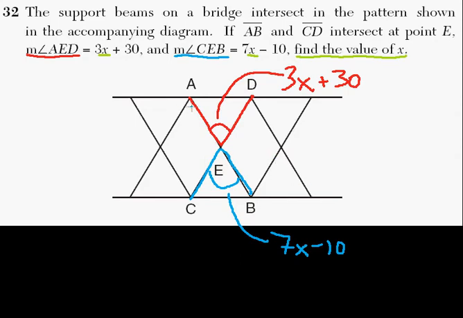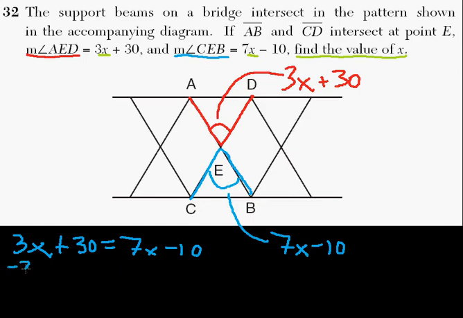So what we need to know here is that vertical angles are congruent to each other. AED and CEB are vertical angles, therefore they're equal to each other. So what you do is set 3x plus 30 equal to 7x minus 10, and then solve for x.